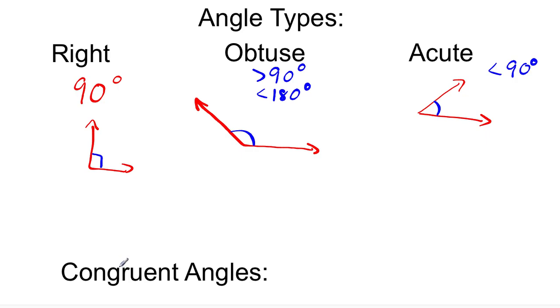A congruent angle, that's going to be anything that's equal. So equal measurements.